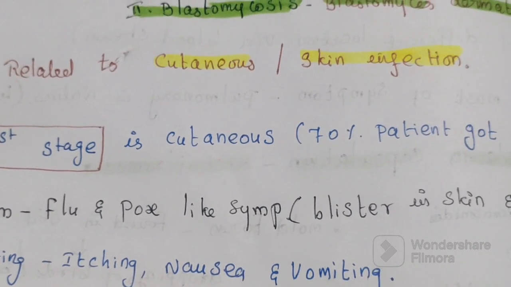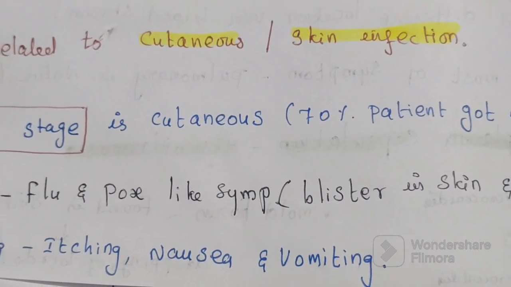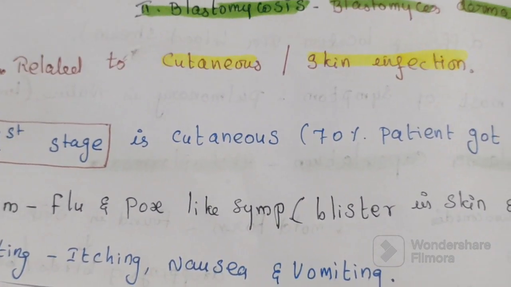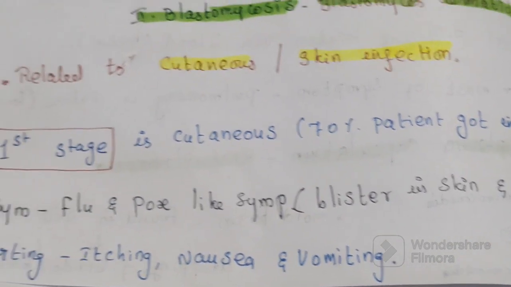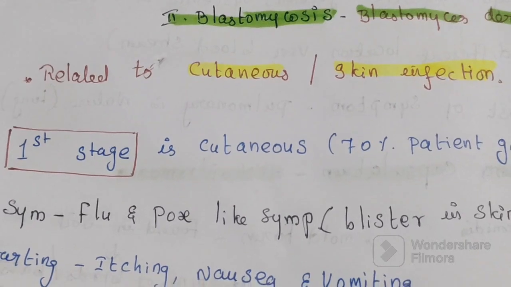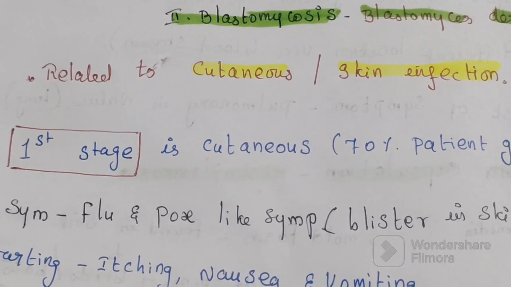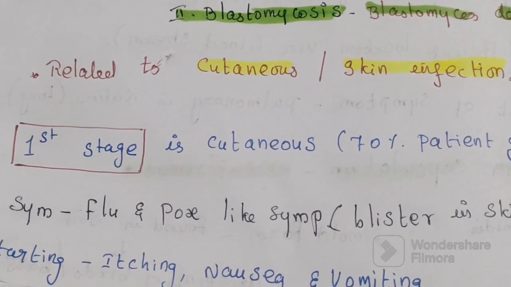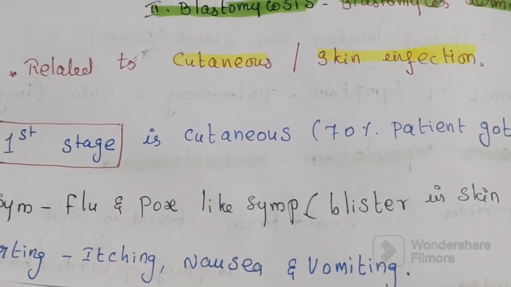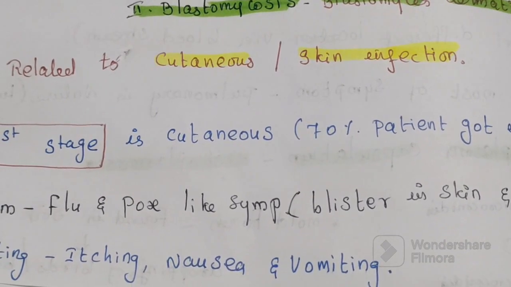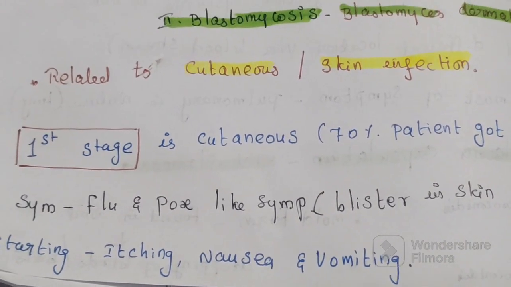Initially it causes flu and pox-like symptoms, blisters on the skin, rashes. After that it will cause itching, nausea and vomiting.